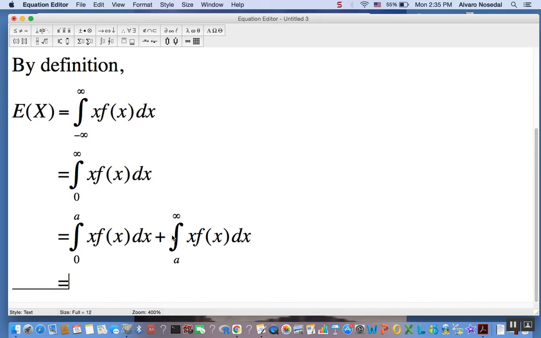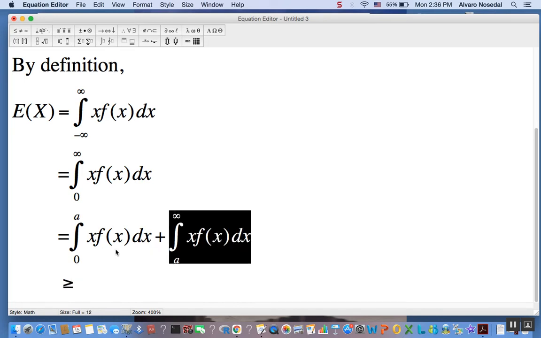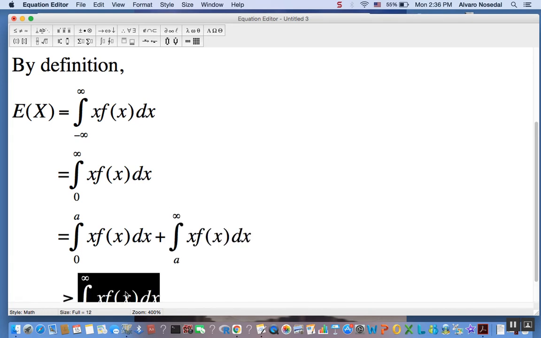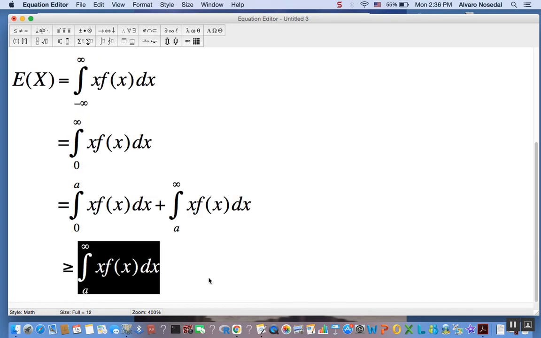So if I remove the first one, then the sum of these two integrals is going to be greater or equal than just having the second one. Okay, so let me write that down. These two together are greater or equal than this one. Make sense?